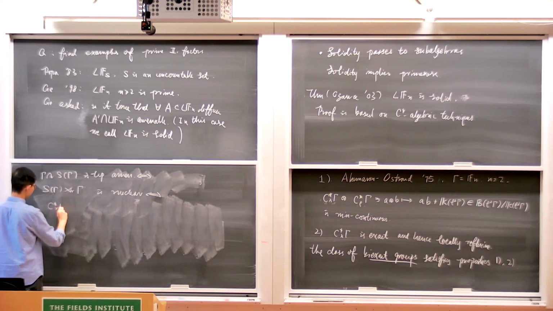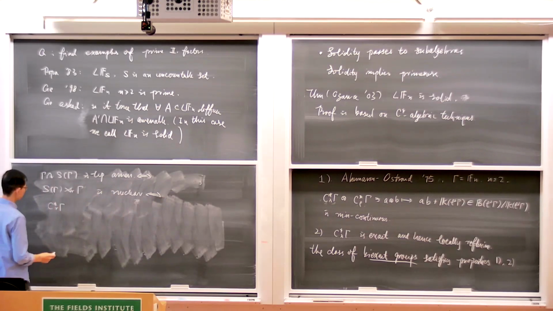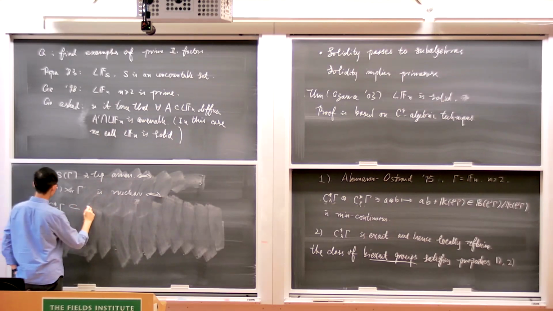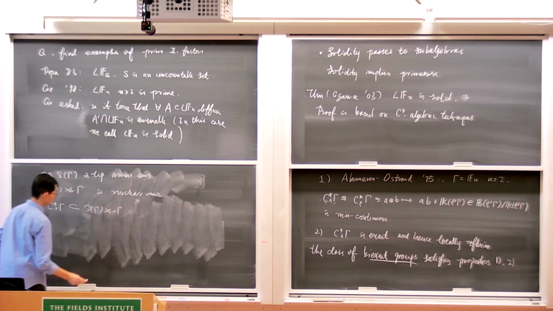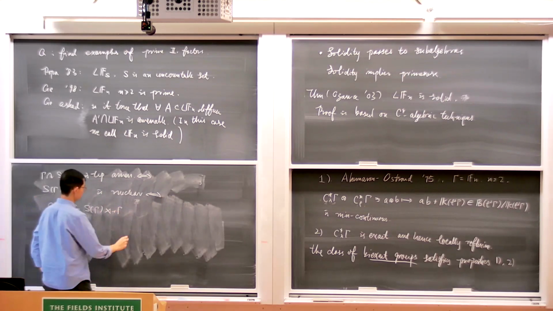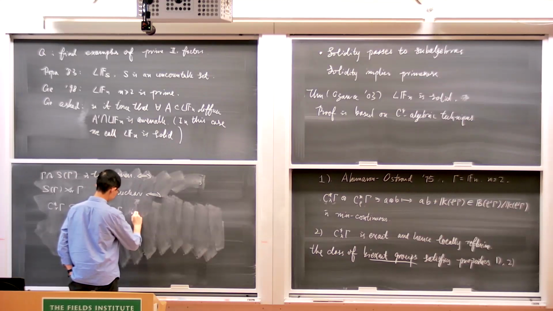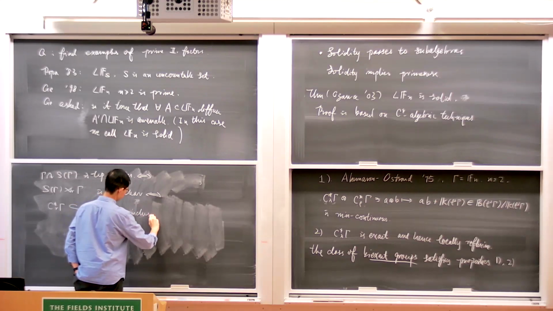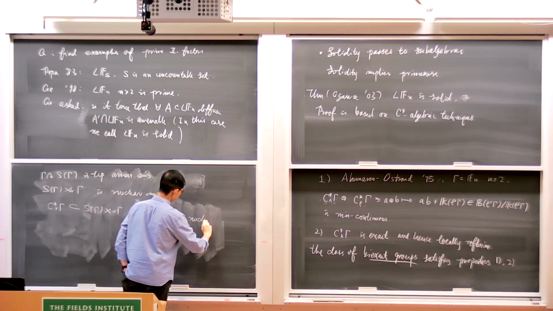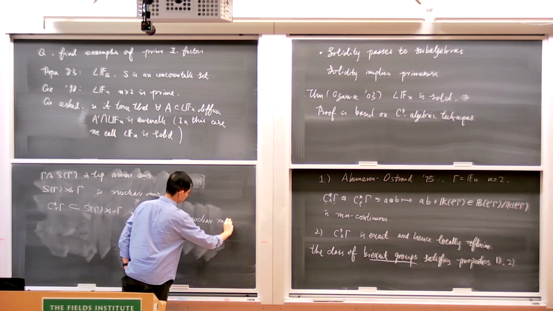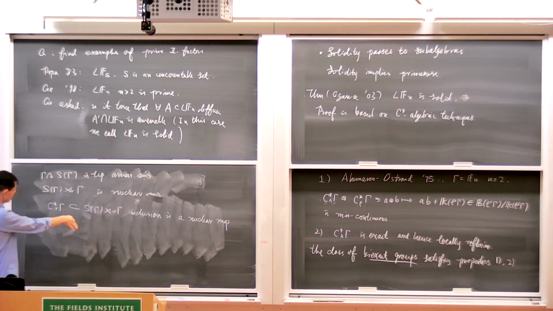We have a copy of the reduced group C-star algebra inside this cross product, and we can look at the inclusion map of this group C-star algebra into the cross product. This inclusion is a nuclear map, meaning that we can find some UCP maps that factor through matrix algebras.